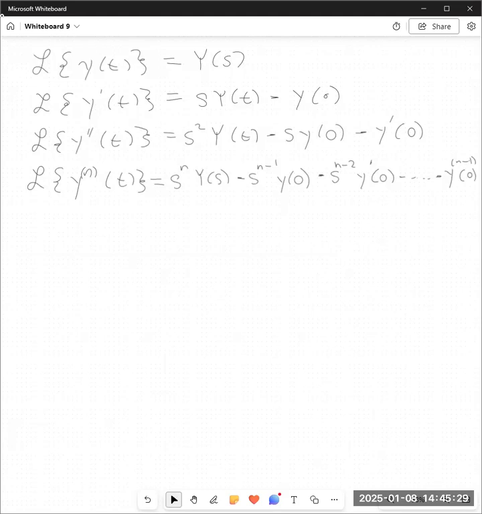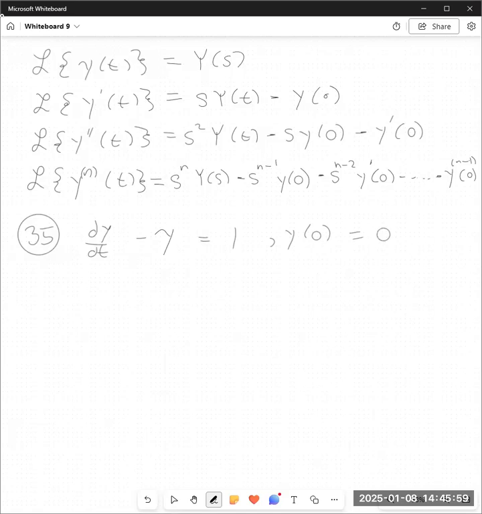So let's go ahead and take a look at some problems from the textbook, section 7.2, starting with number 35. It asks us to have dy/dt minus y equals 1. It tells us y of 0 is equal to 0.